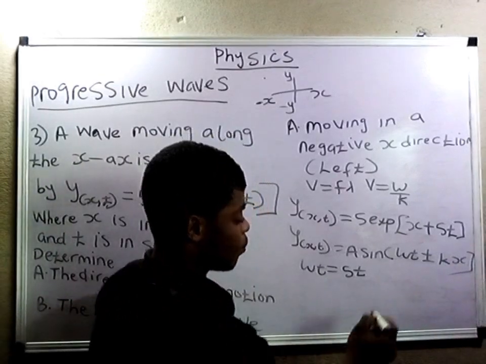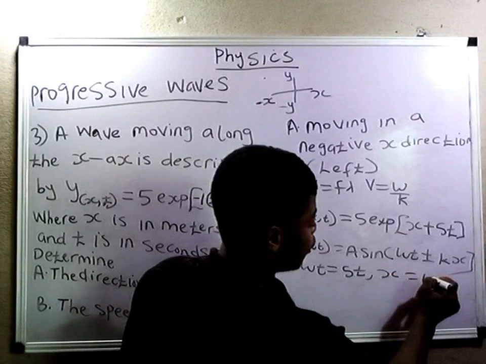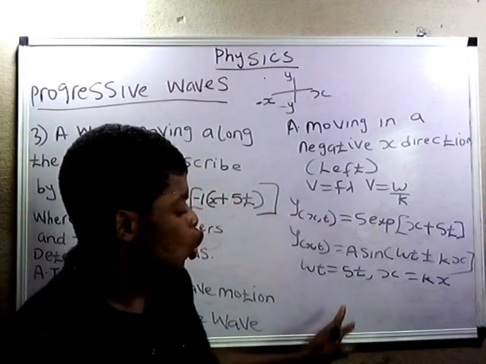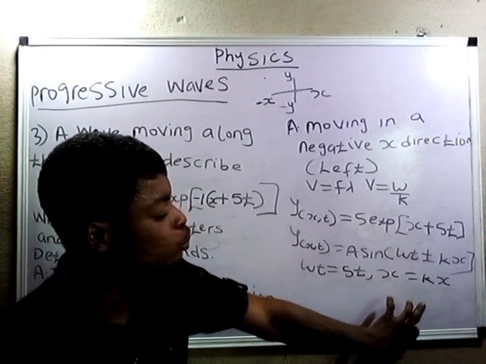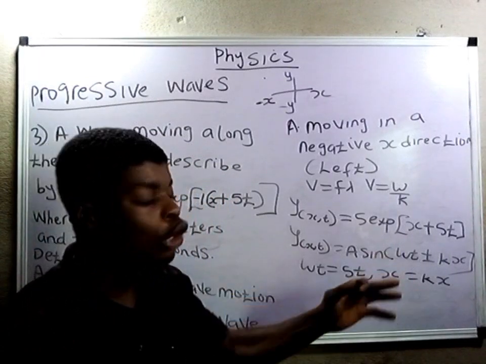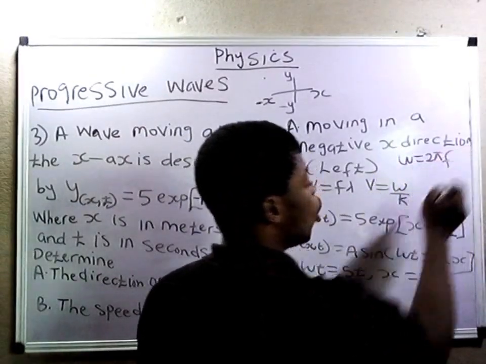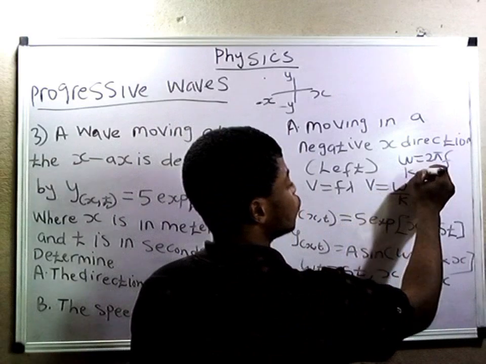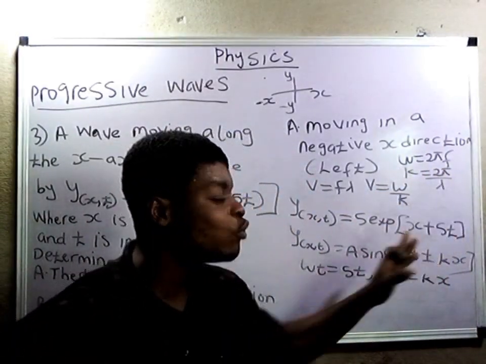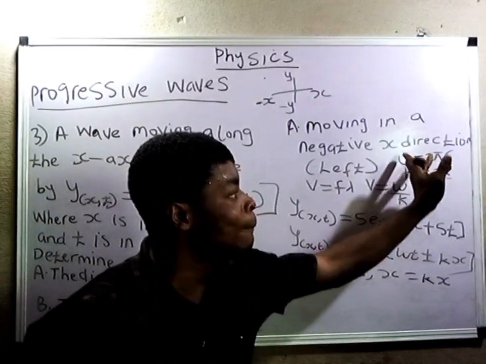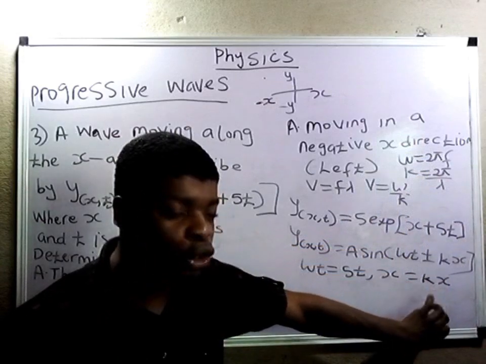That means x is equal to kx. Looking at it, we have equated them, because there's no way we can use w equals 2 pi f or k equals 2 pi over lambda. This will not work in this case, because in this equation the values are given straightforwardly, so we can't apply those formulas at this time.